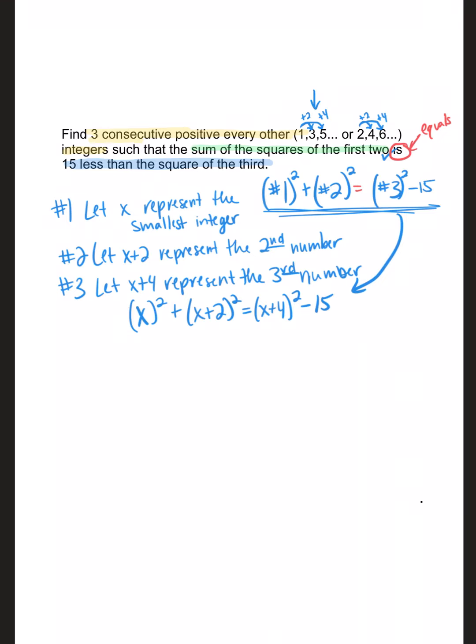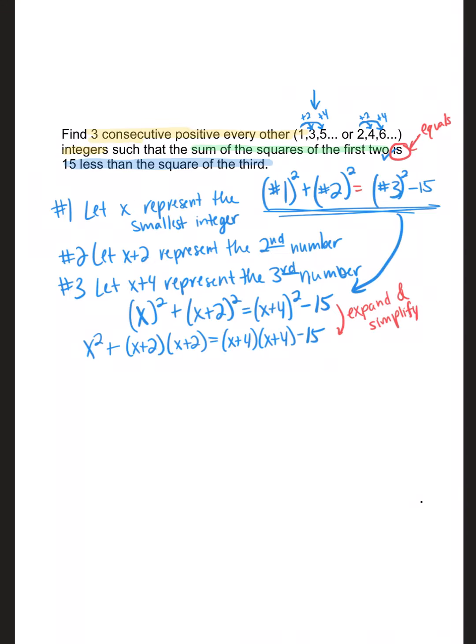Okay, before we try to solve it, we're going to expand and simplify to see if this starts to look like something that we know how to work with. So let's expand and simplify. That's going to require us to do some FOILing. So we'll have x squared. And if we have x plus 2 squared, that represents that bracket being multiplied by itself, just like this x plus 4 squared.